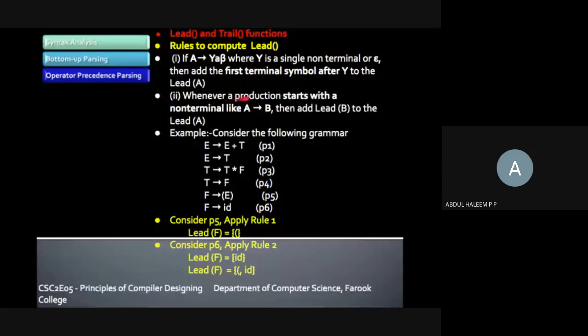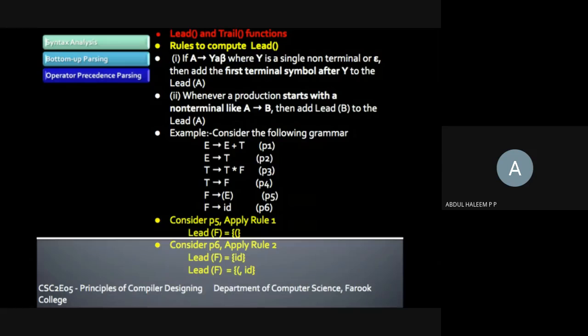Now see rule number 2. Suppose we have a production like A derives B. Then lead of A will consist of all the elements of lead of B also. These two rules are simple and direct, but I agree that they are very confusing. Rules for follow, rules for first, rules for top-down parsing, rules for bottom-up parsing, rules for predictive parsing, rules for shift-reduce parsing, now rules for operator precedence.